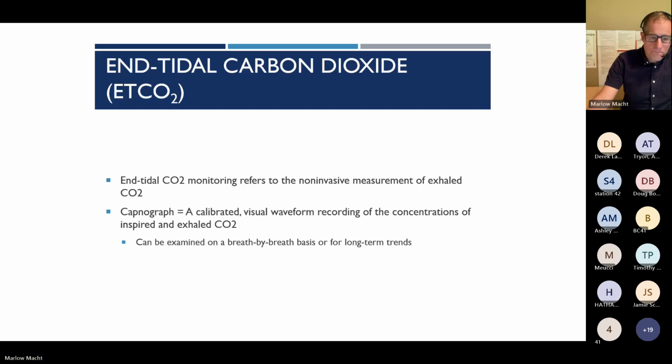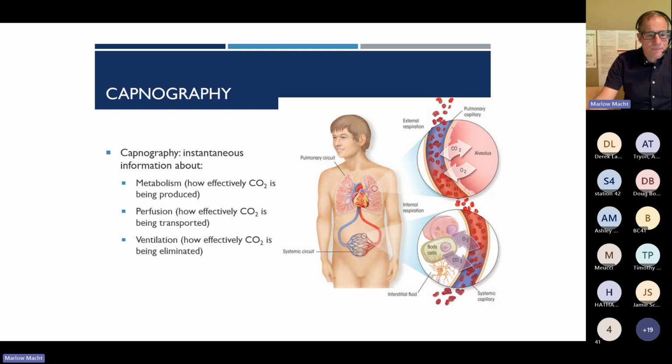It's non-invasive, and you follow the capnograph. As long as you are able to read it, it gives you instantaneous information about metabolism: how much CO2 you're producing, how you're perfusing and transporting it, and then how you're ventilating, meaning how it's getting out.